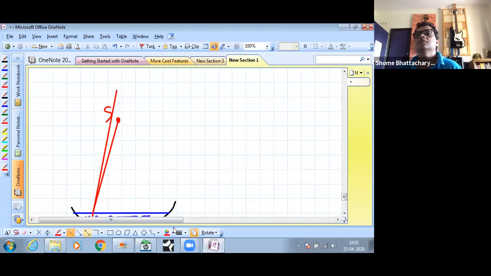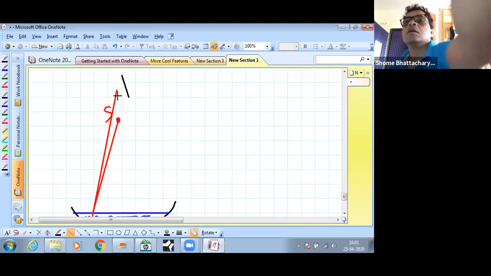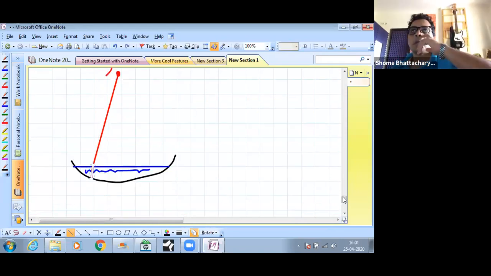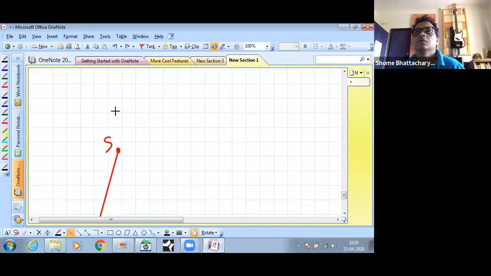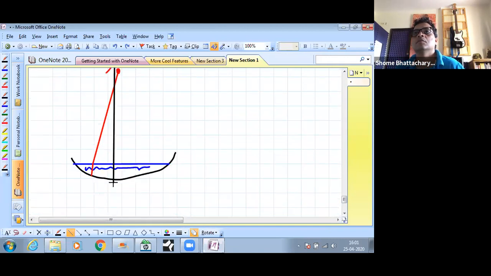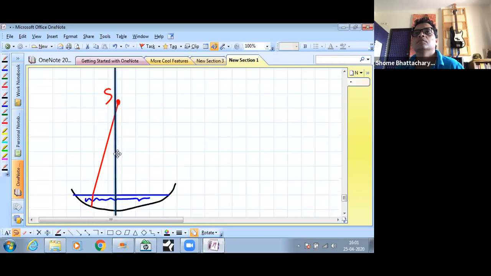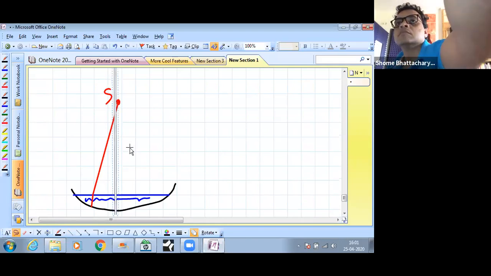So I'll just draw the principal axis for further clarity. Start with the principal axis actually. Just a minute.